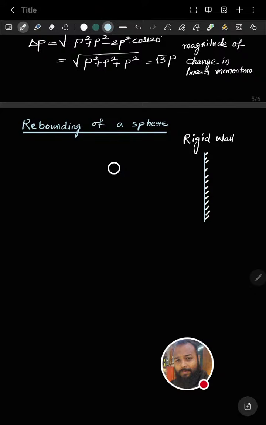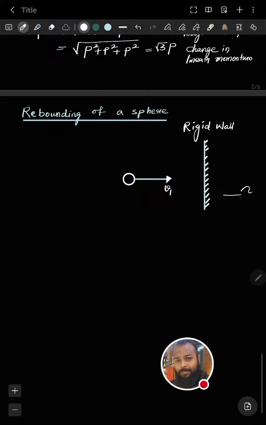So this ball, this sphere or ball, whatever, is moving towards the right with a certain velocity, and I'm calling that velocity v1. Now I would like to take this as the x-axis and this as the y-axis for reference.